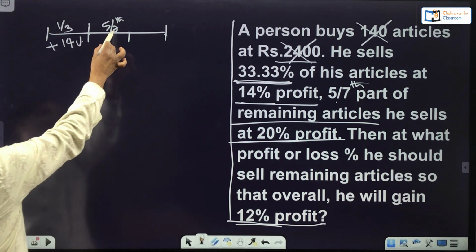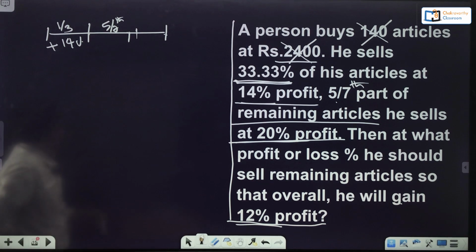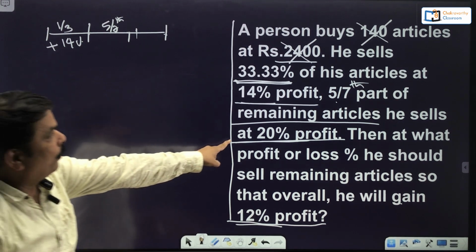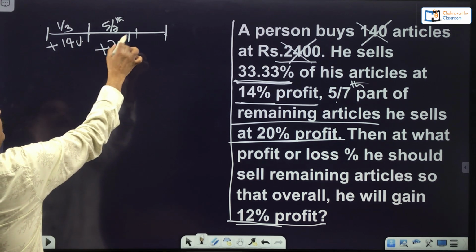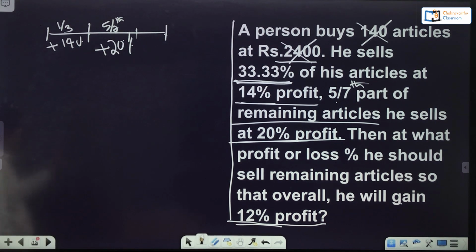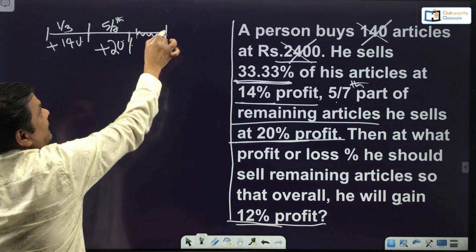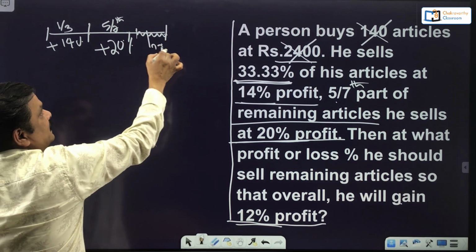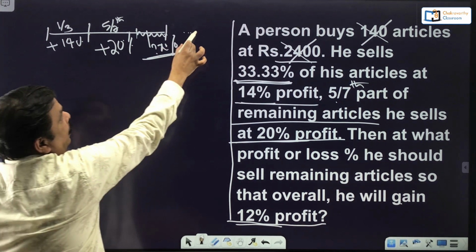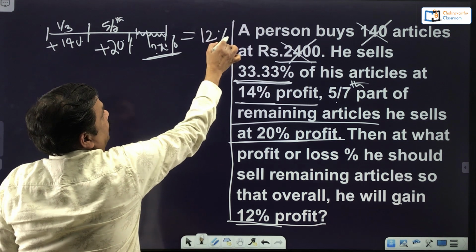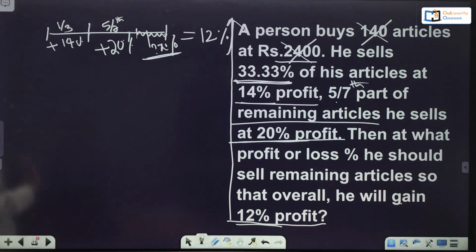A little more, because if 7 parts are there, 5 parts. Let's take here 5/7. 5/7 at what he has given here, 20% profit. Now he is asking for how much percentage he has to sell this one to gain the overall profit of 12%. They are asking, overall profit of 12%.